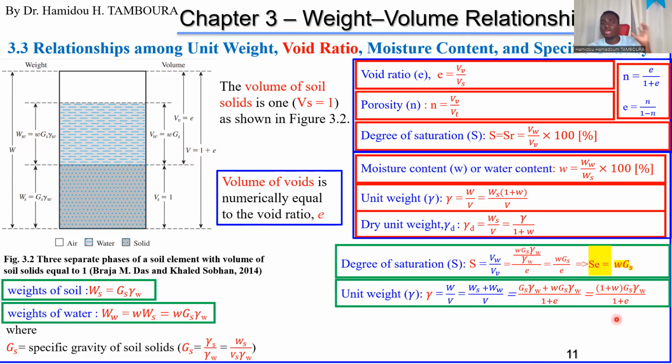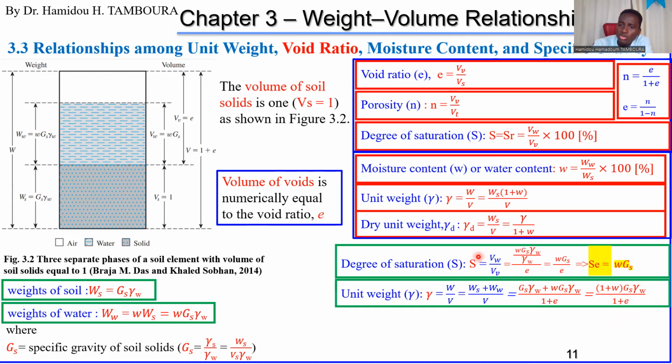So the total unit weight is equal to 1 plus water content, don't forget water content, multiplied by the specific gravity of the soil and unit weight of water. The unit weight of water, you should never forget it. And you divide it by 1 plus e.